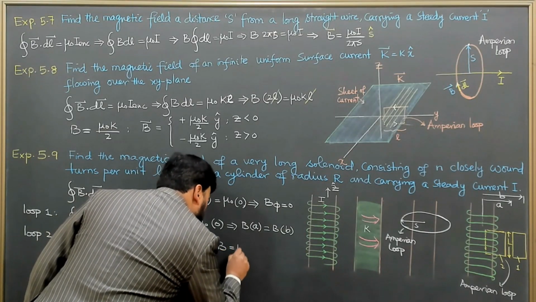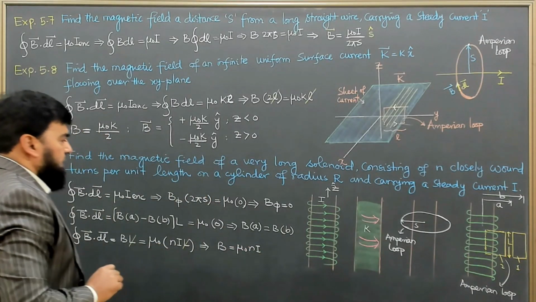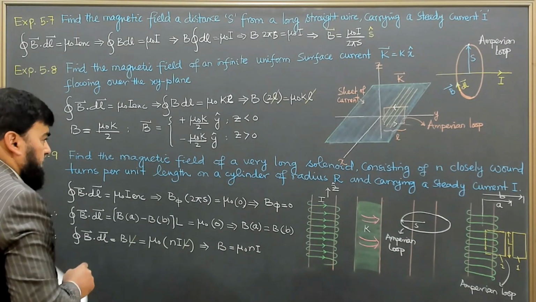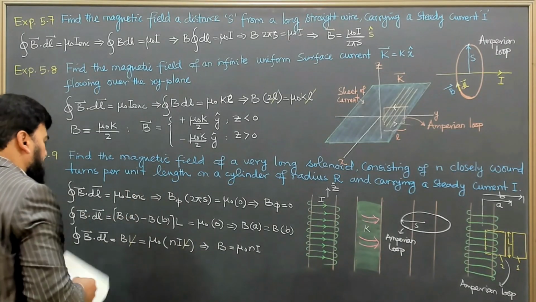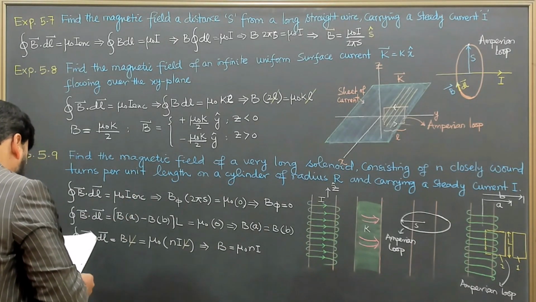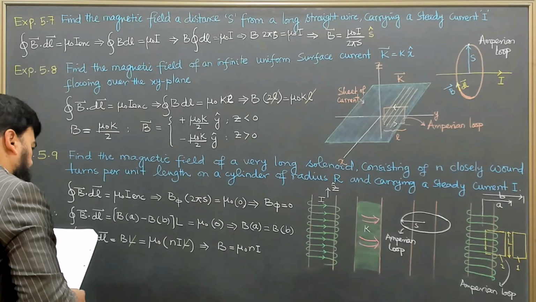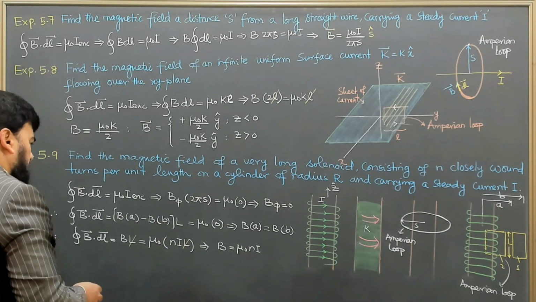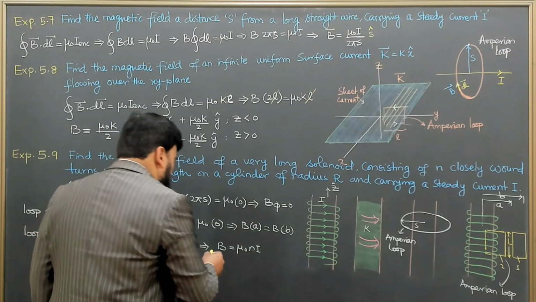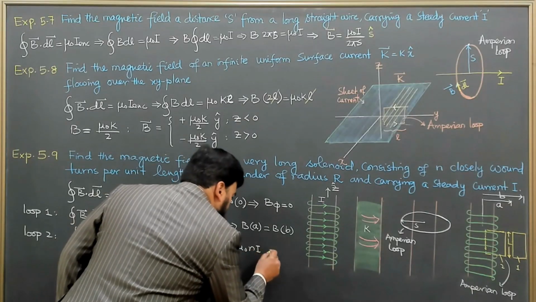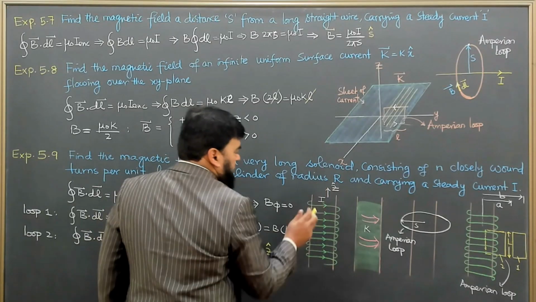and we have the magnetic field B equal to mu naught n I, n being the number of turns per unit length. Here we have closely wound turns per unit length, and this gives us the total current here. So finally, if I look at the direction, inside the solenoid this field is in the Z direction, because current is going this way.